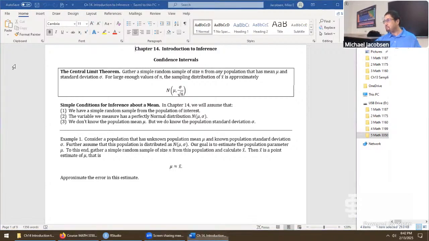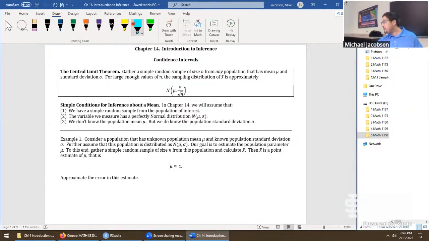It starts off with the central limit theorem again, because it's really the major thing that's going to rescue us and allow us to actually do inferential statistics. It says, if we gather a simple random sample of size n from any population, when we know that it has a mean of mu, and a standard deviation of sigma, and here we are going to say right away, in this chapter, mu is unknown.